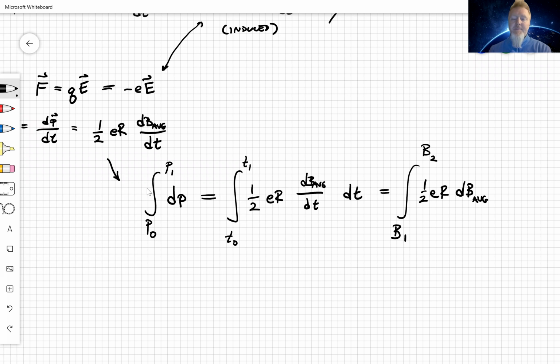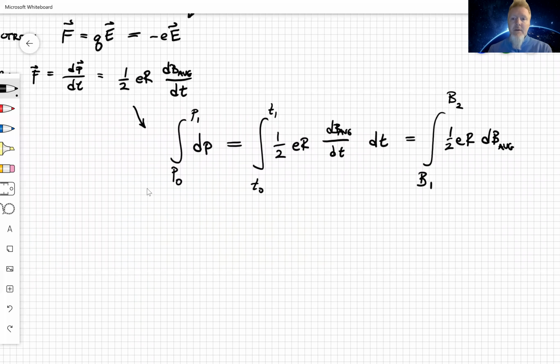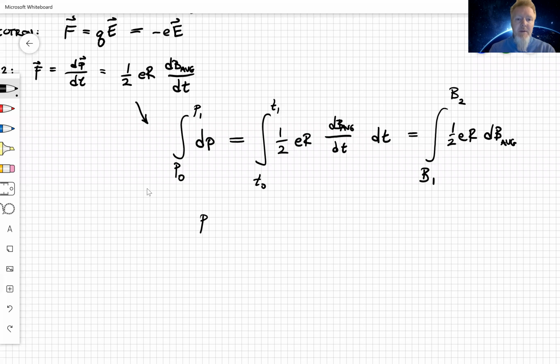So the momentum of this thing, as it goes from p0 and increases in momentum to p1, it's going to be p1 minus p0 equal to 1/2 eR times B1 average minus B0 average, right?